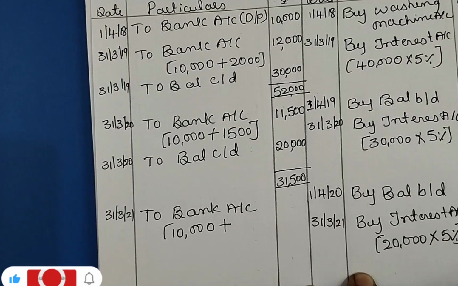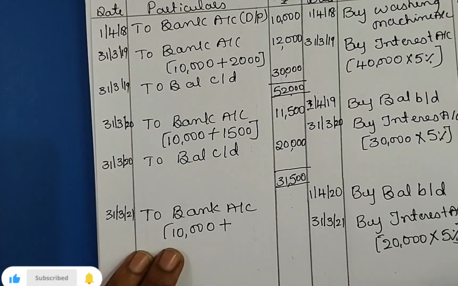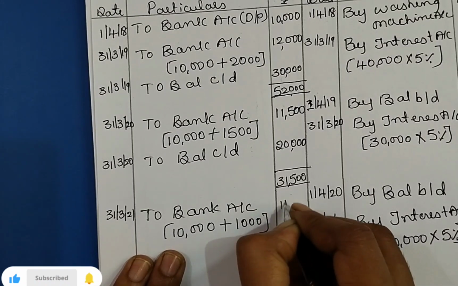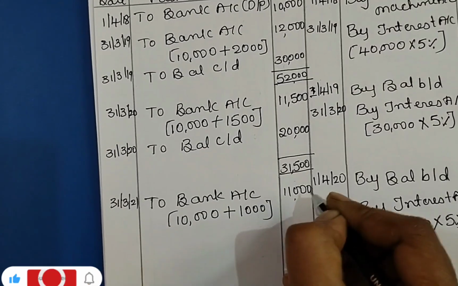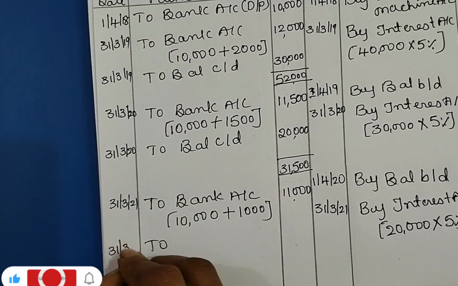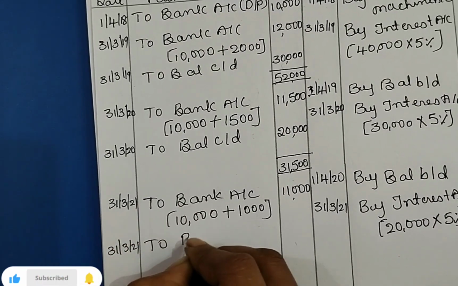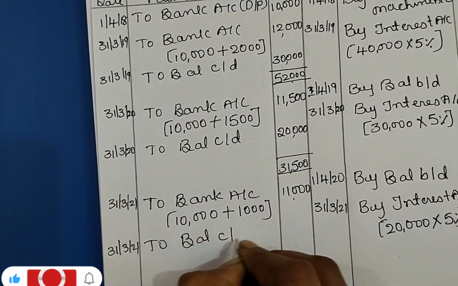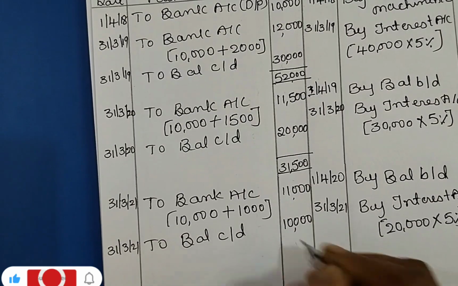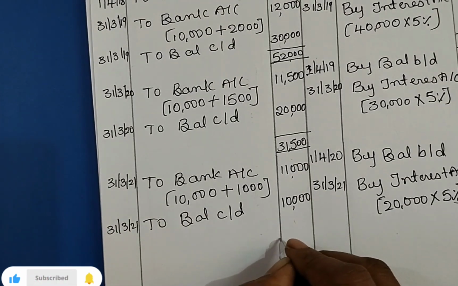Total is 21,000, and here add 1,000, 11,000. Balance is on 31st March 21 to balance carry down 10,000. Last year we will get nil.